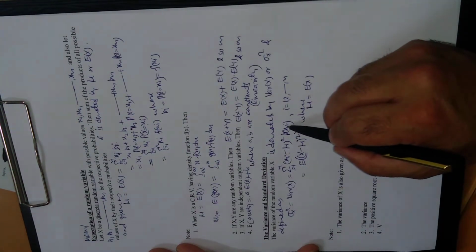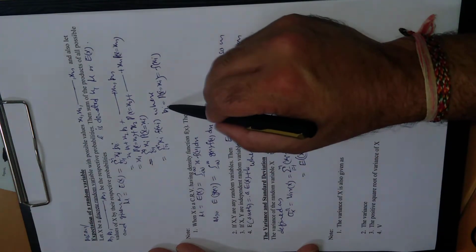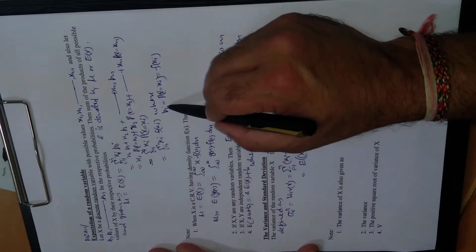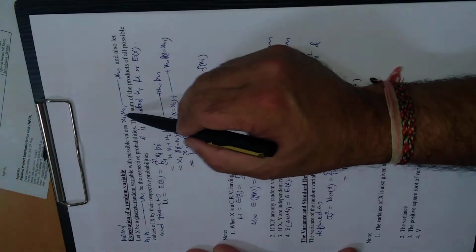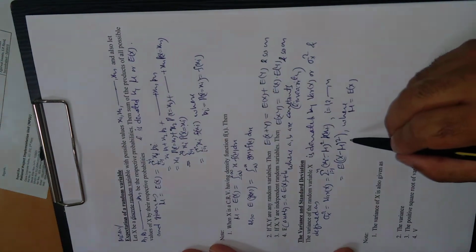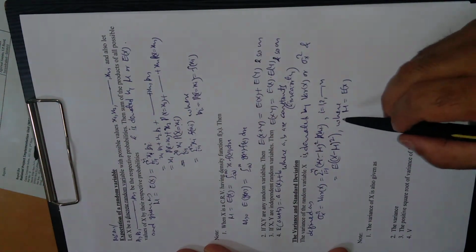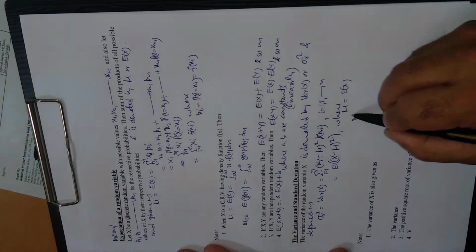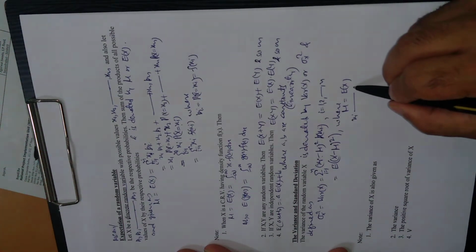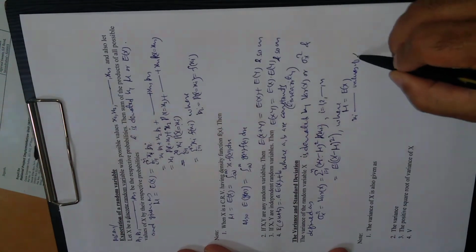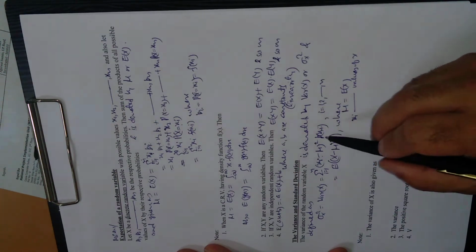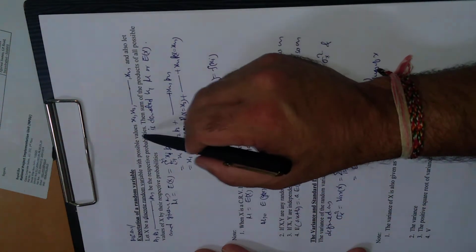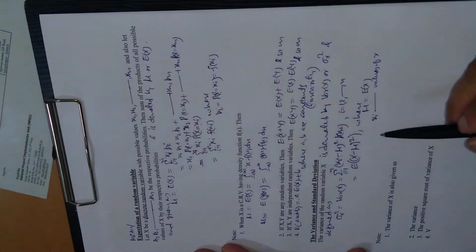The xi are the possible values of x, and p of xi are the probabilities of each xi, that is the respective probabilities of x1, x2, ..., xn.